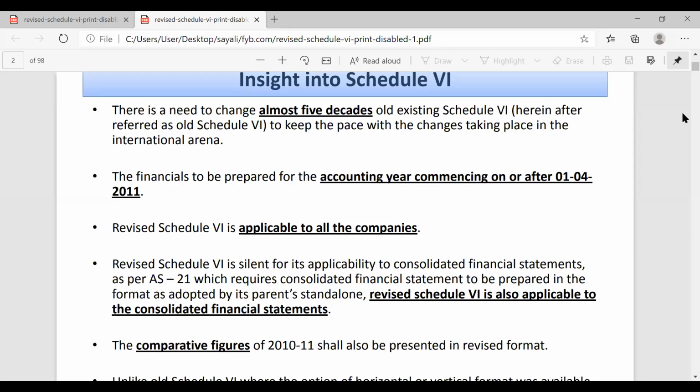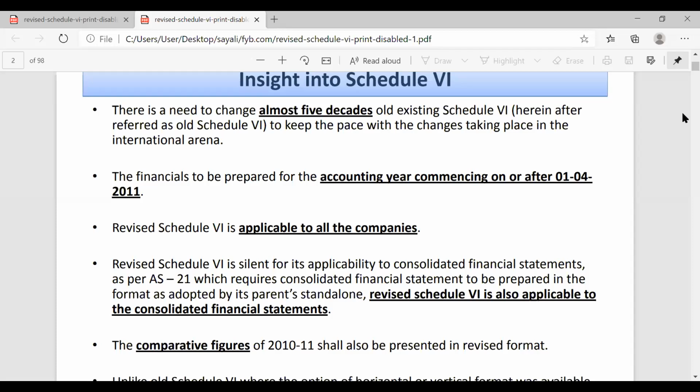When we discuss the revised Schedule 6, it is silent on its applicability to consolidated financial statements as per Accounting Standard 21. So nothing is explained about the consolidated statement of a company, which requires the consolidated financial statement to be prepared in the format adopted by its parent's standalone.